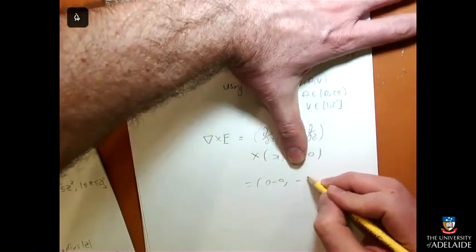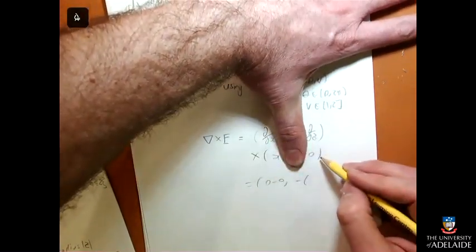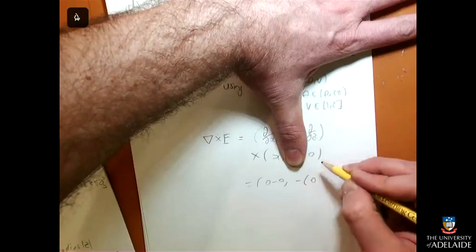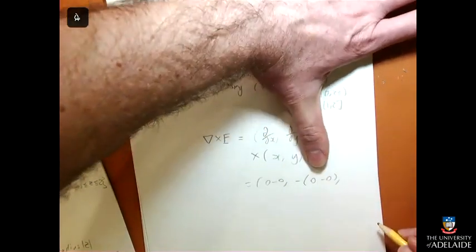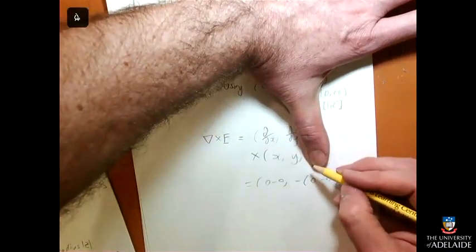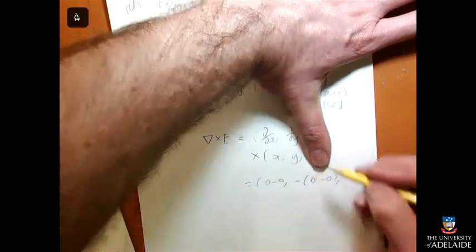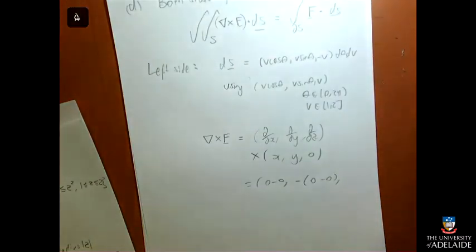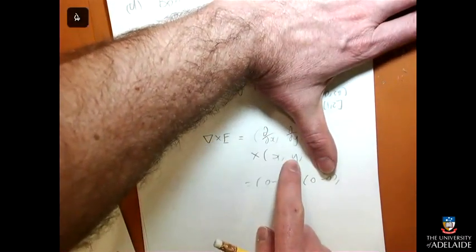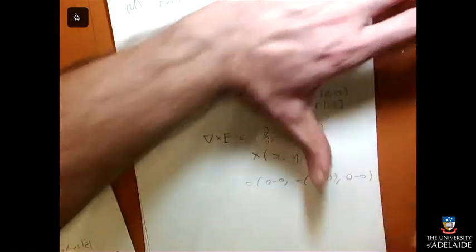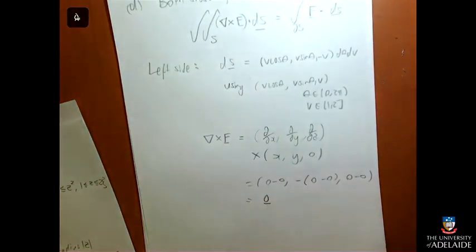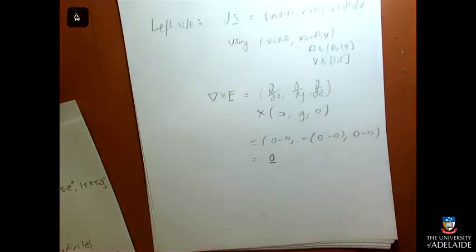The second one will be minus d0 on dx minus dx on dz, which is 0. And the third one will be dy on dx. Wait, is this just coming out to 0? dy on dx is 0, and dx on dy is 0. Okay, good. We just confirmed that it all worked.